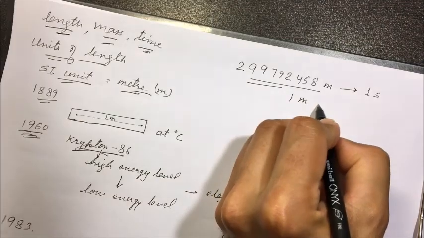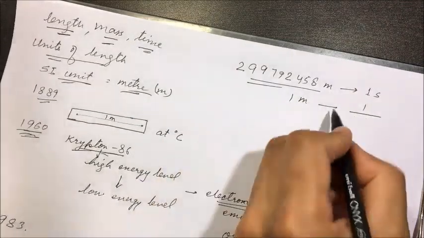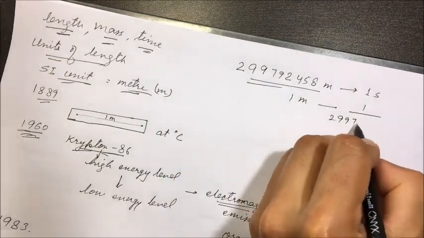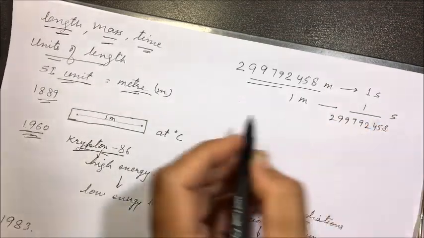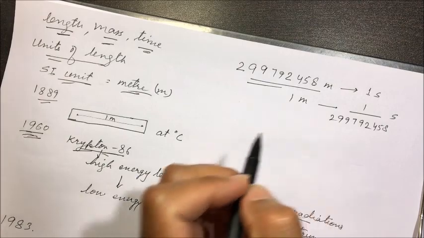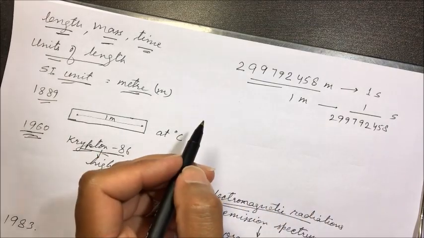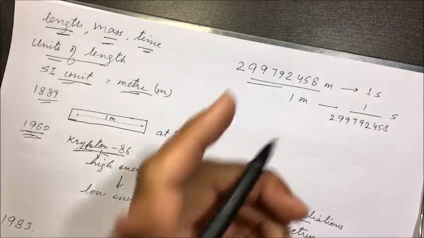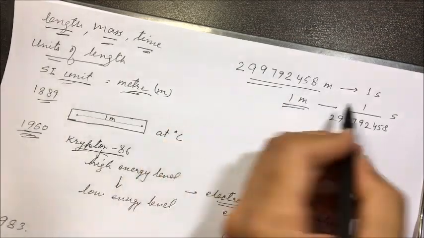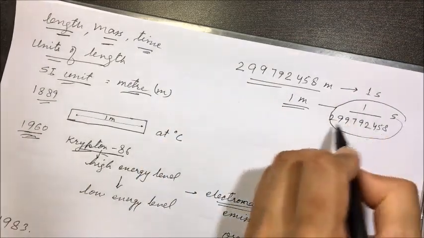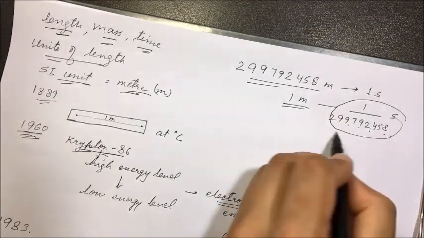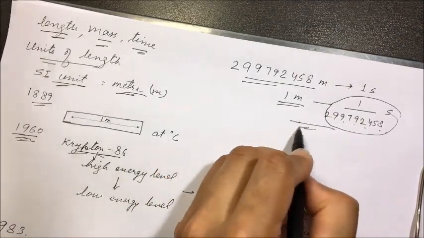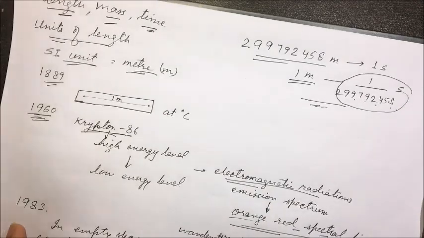So 1 meter distance it will cover in 1 by 299,792,458 part of a second. So the meter was redefined in terms of the speed of light, that is 1 meter is the distance traveled by light in 1 by 299,792,458 part of a second. So this is how meter was defined.